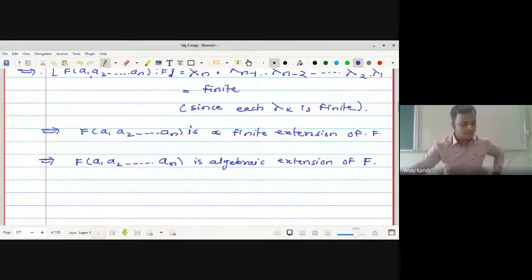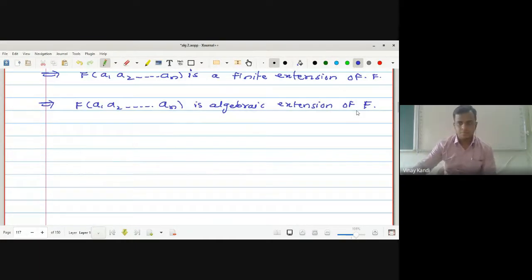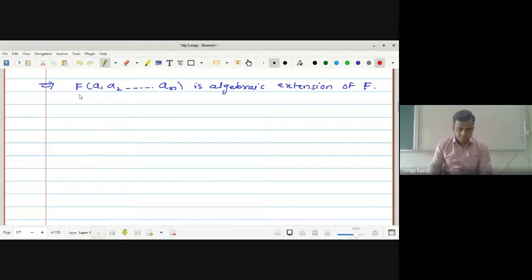Okay, so we will move towards the next point. The next theorem is, look at the statement.